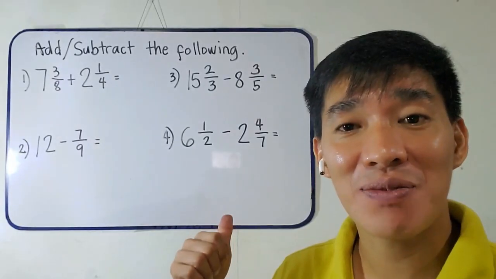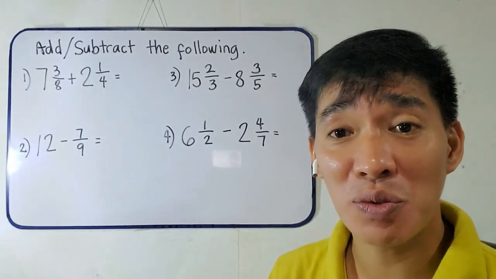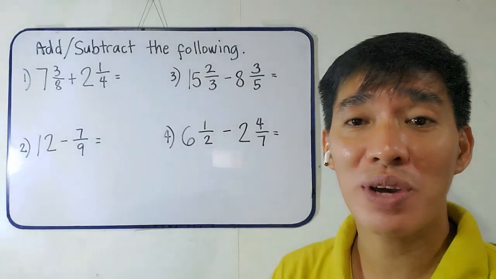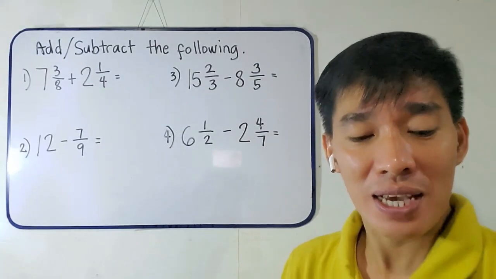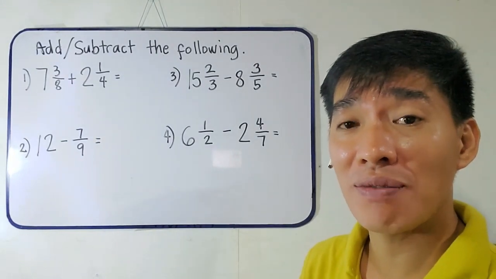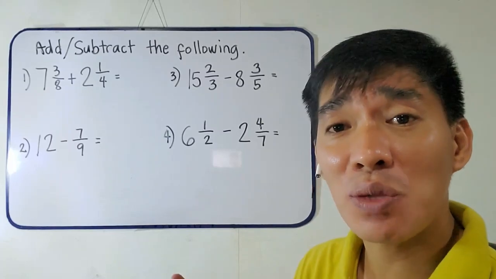Let us now answer the following activities, but of course I would like to remind you all that we are still following the same step number 1 and step number 2 in adding or subtracting fractions. This time it is a bit challenging because we have whole numbers together with the fractions, but don't you worry, we do the same thing.